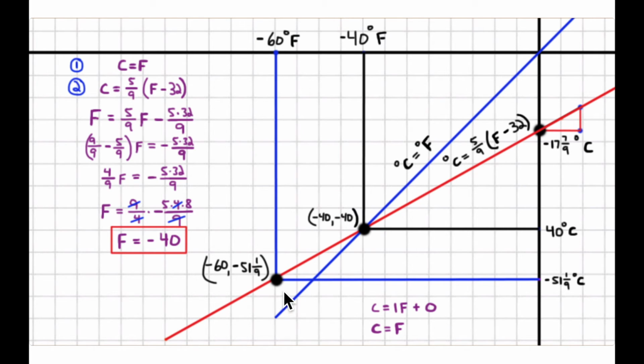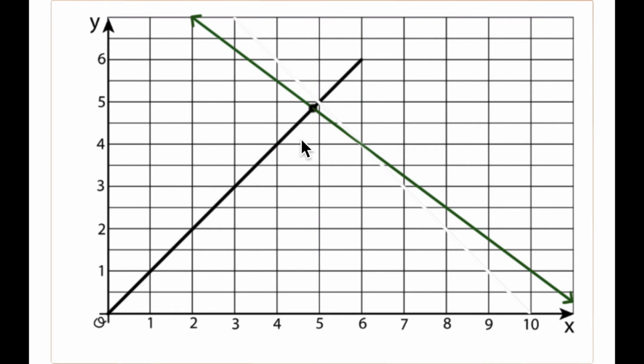It turns out that if you take the graph of any linear equation, and you add to it the graph where the units along the x-axis are equal to the units along the y-axis, they will always intersect. So here's an example of just a graph of a linear equation.